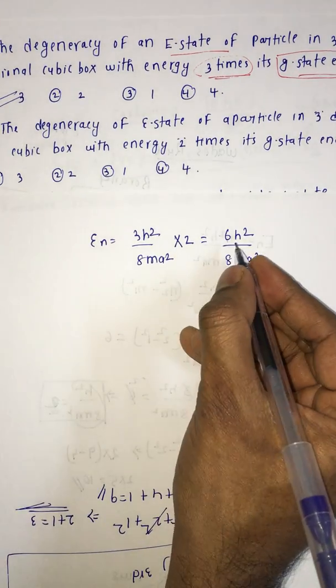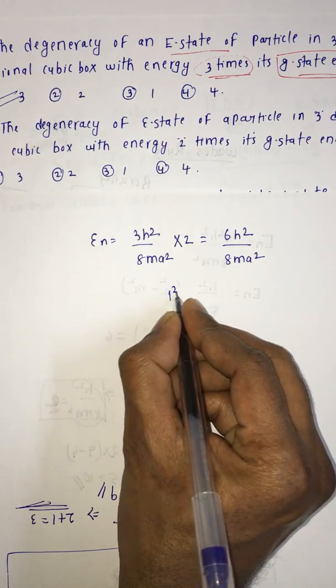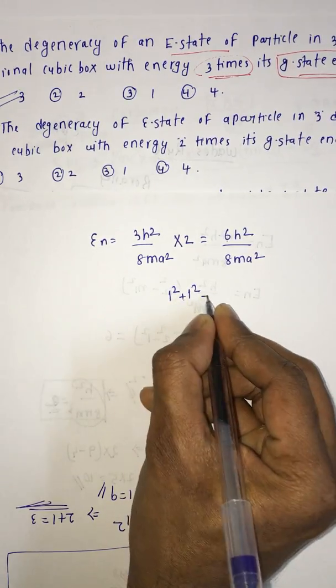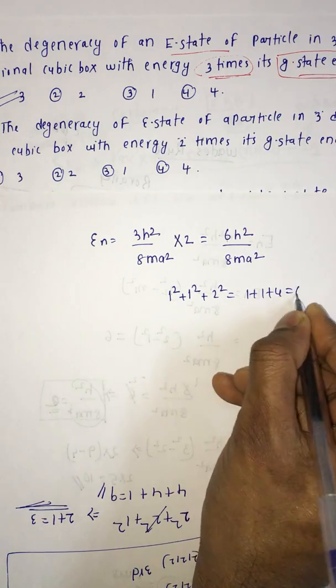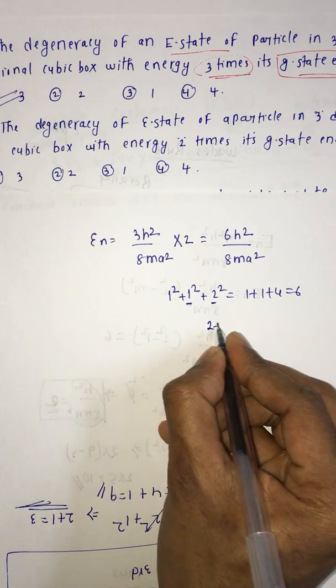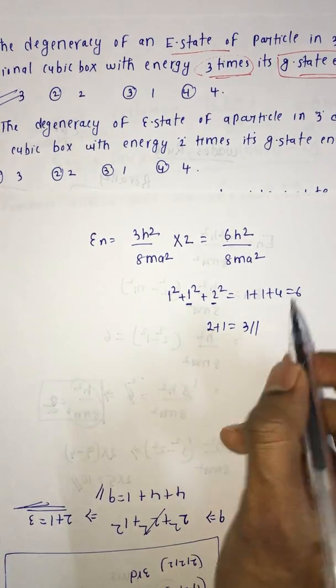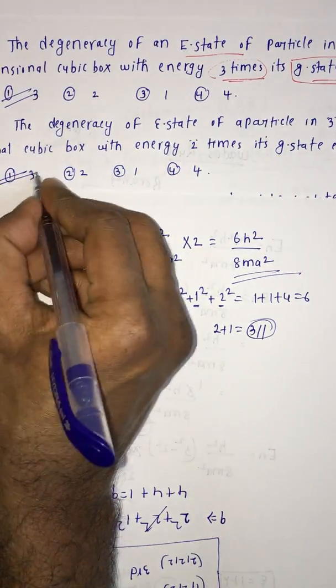Here it is 6, that means the degeneracy will be 1² plus 1² plus 2², which is 1 plus 1 plus 4, equal to 6. Here we take only 2 terms, 2 plus 1 equals 3. The degeneracy of this excited state equals 3. So the answer is this one.